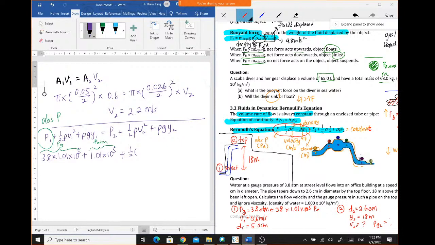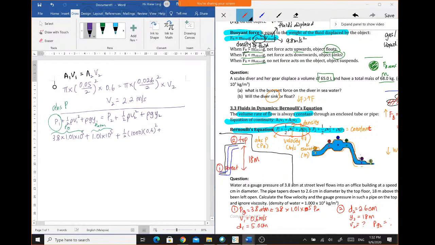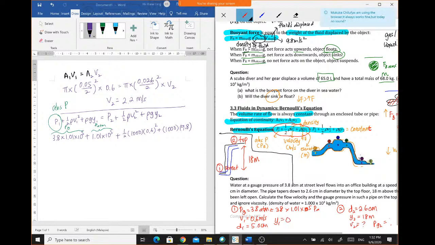Density 1000, no? Velocity 0.6 squared plus density 1000, 9.8. Okay, y1 is your reference point, which is 0.